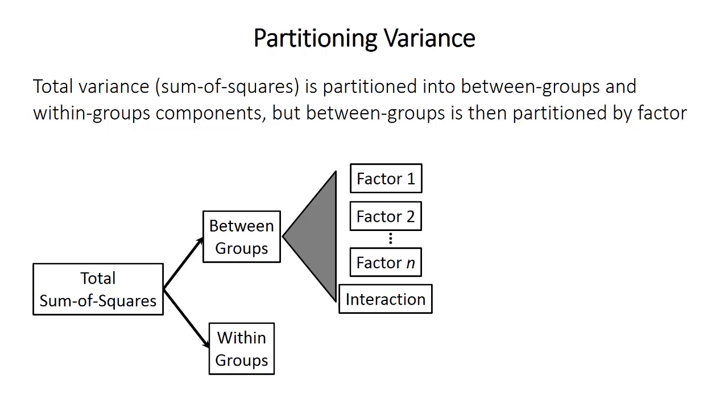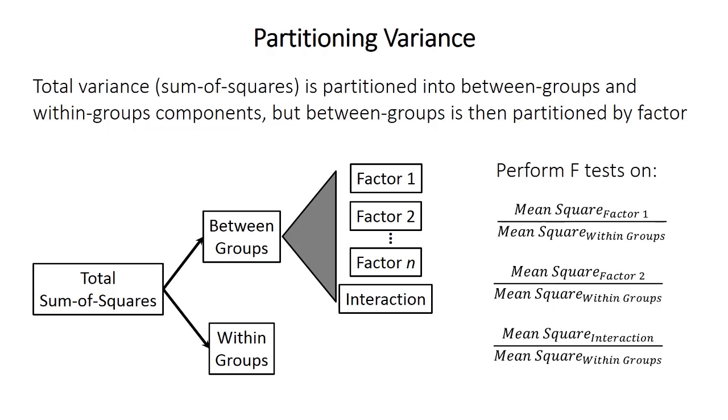But because there are multiple independent variable factors, the between groups variance is further partitioned into the sum of squares for each factor as well as the interactions. And finally, the statistical significance is assessed using f-tests on the ratio of the between groups mean square for each factor relative to the within groups mean square. So there end up being an f-test for each factor and each interaction that your test might include.